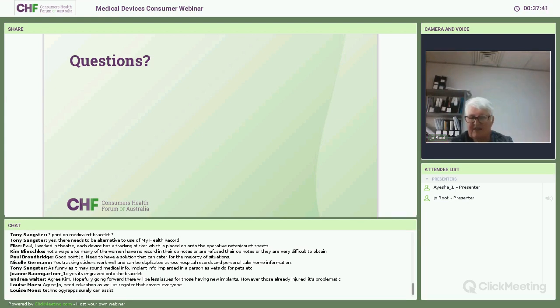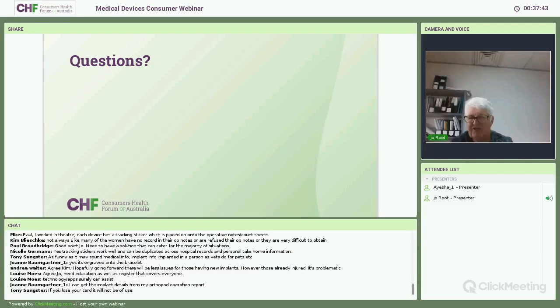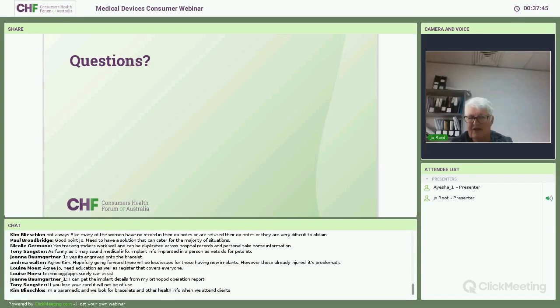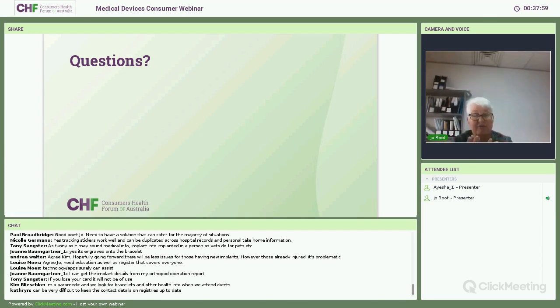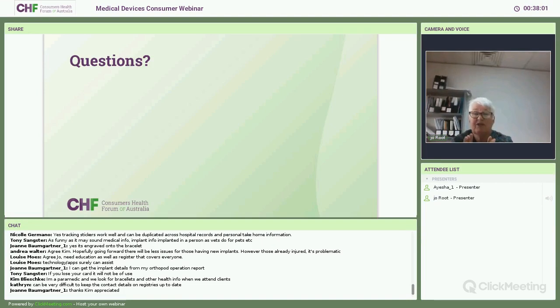I noticed Louise is saying technology apps surely can assist, and I think that's why I'm saying we need something that is technology neutral, if you like. We need to establish what information we want on the implant card, and then look at how we can produce the card and what else could go on.